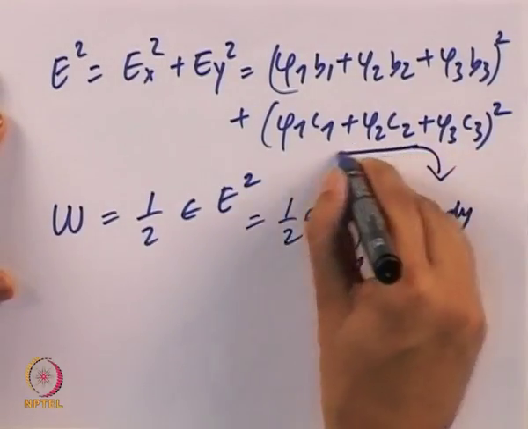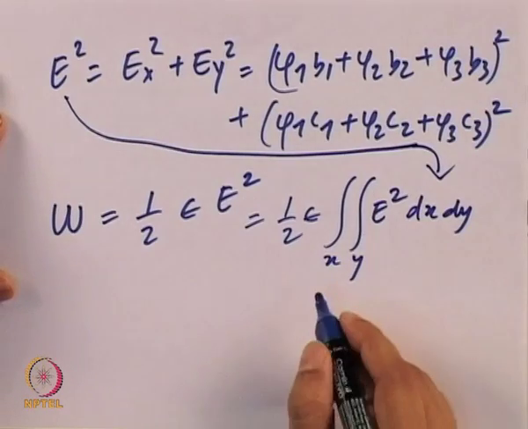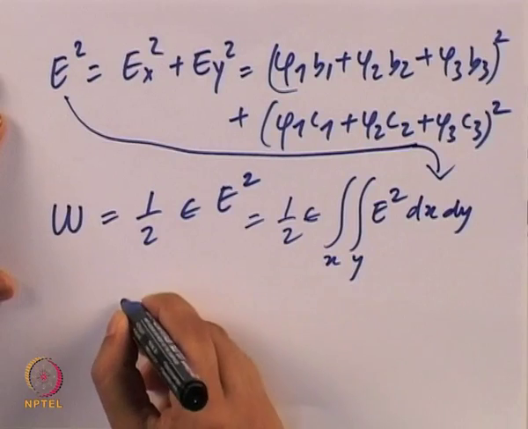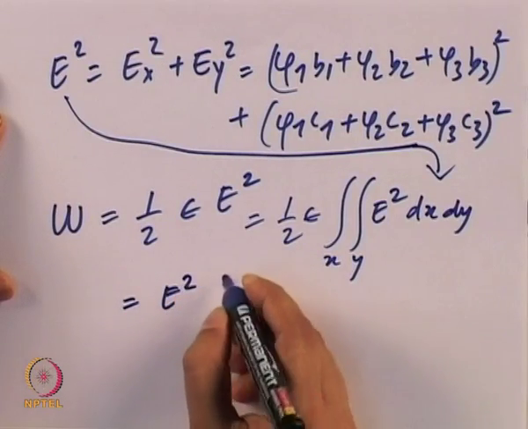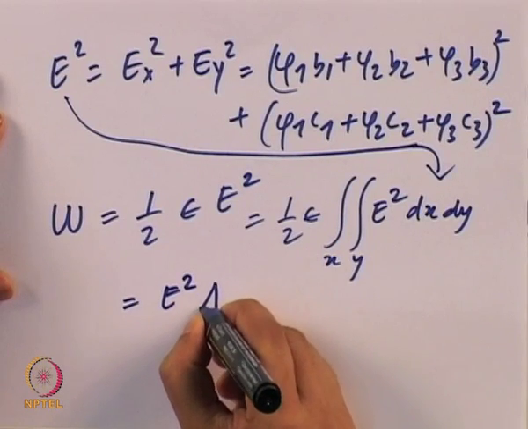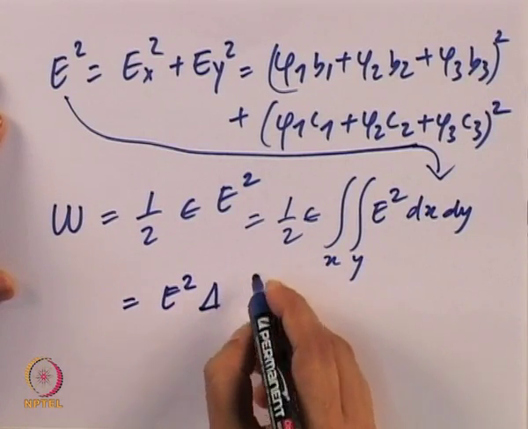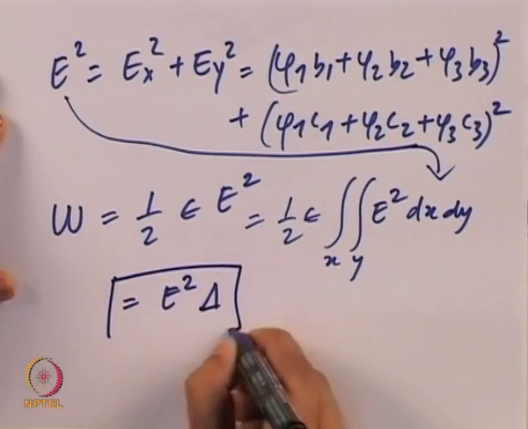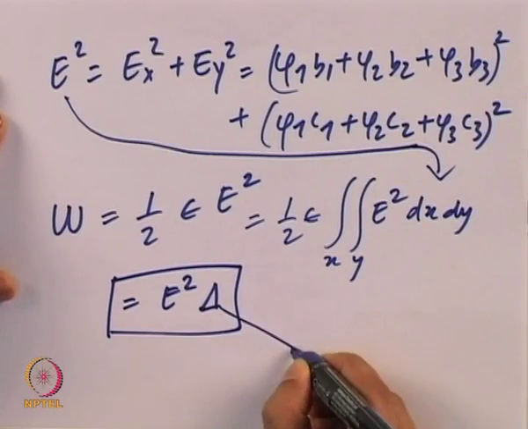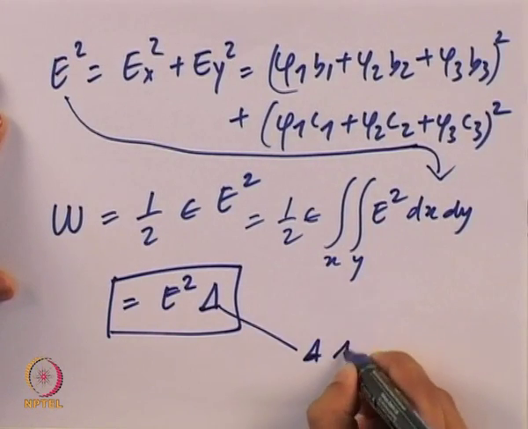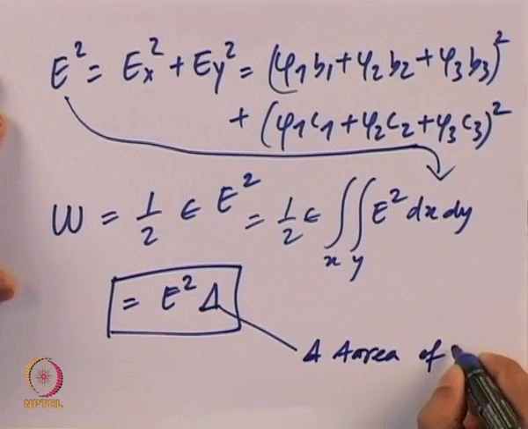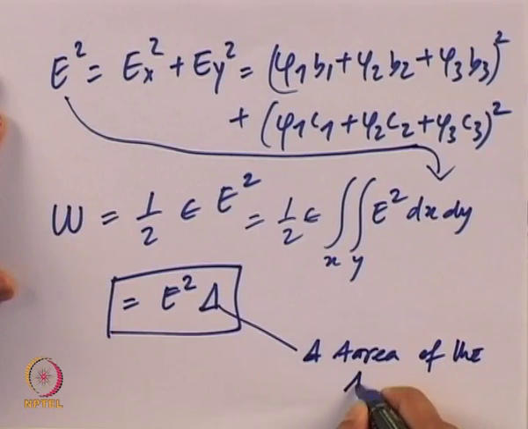We can substitute this value into this equation to get the energy, and what we get is essentially E square multiplied by delta of the triangle we are going to model. Delta is the area of the triangle.